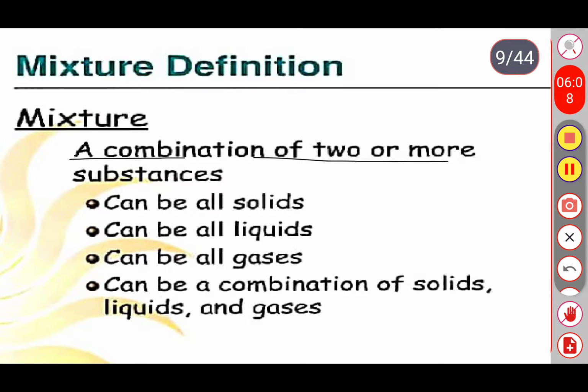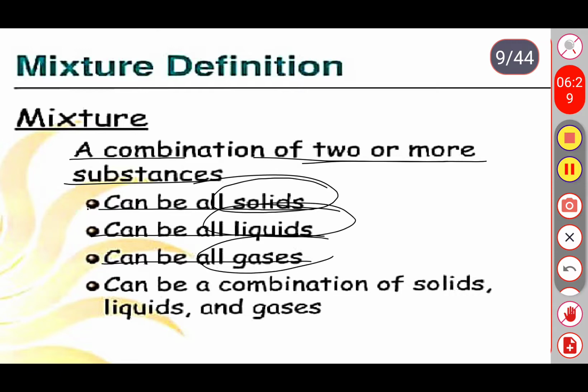So what kind of substances are we going to combine here? The substances may be all solids, all liquids, or all gases. It means the substances may be solids or liquids or gases, or a combination of solids, liquids and gases. If we add two solid substances, we get one kind of mixture, a solid mixture.